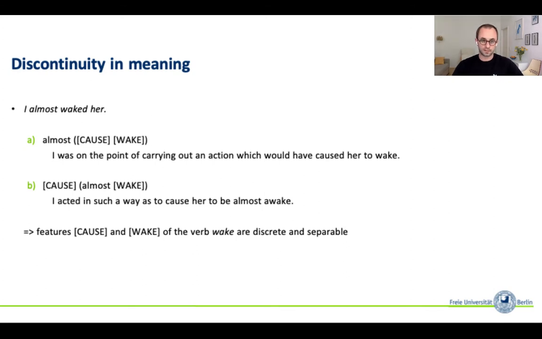And what this shows us is that the features cause and wake of the verb wake are discrete, which is a basic thing of semantic features, but they are also separable. And we can interpret the verb in at least two different ways.